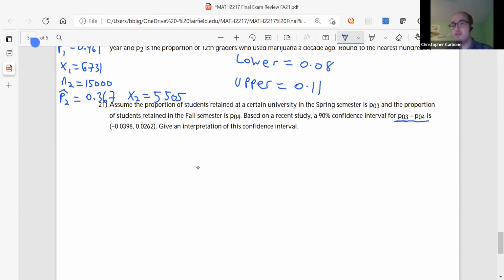And we have a negative value and a positive value. Negative indicates that the second proportion is bigger, and positive indicates that the first proportion is bigger. So we got a little bit of an interpretation there.